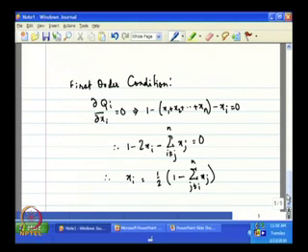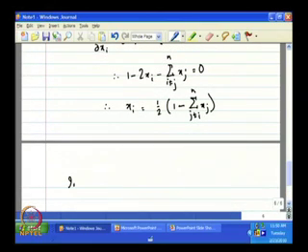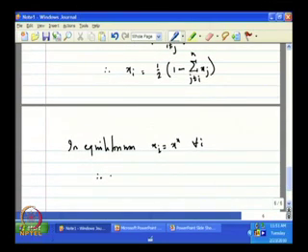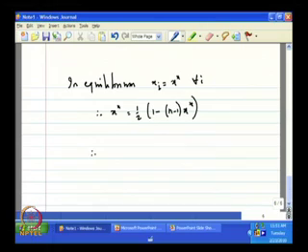Now, what we know is that in equilibrium, for all i, it means that x star, all these n minus 1 x stars will have to be added up, which means that there are n minus 1 x star, and if I take this to the left hand side, 1 plus n minus 1 divided by 2.